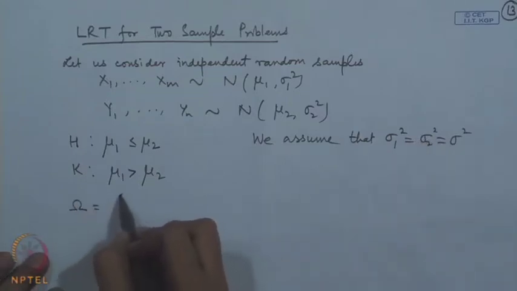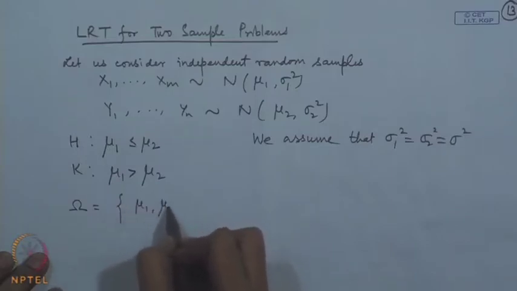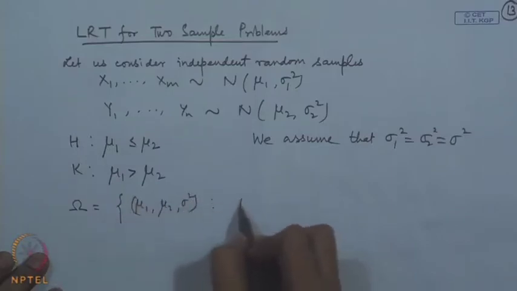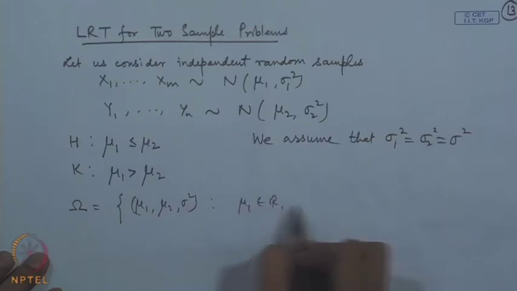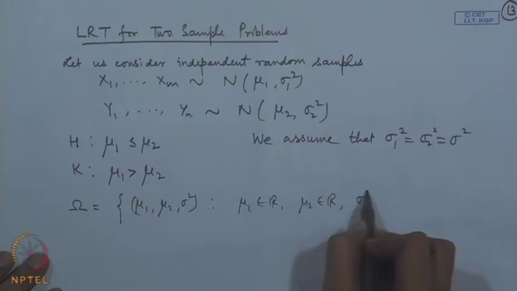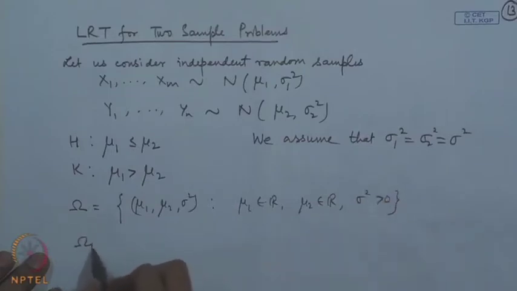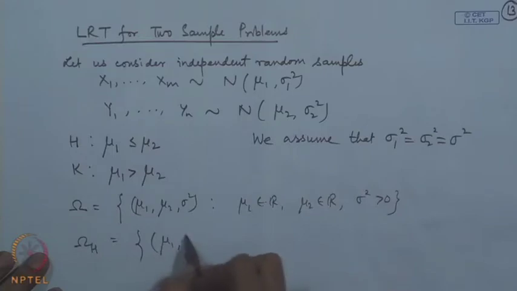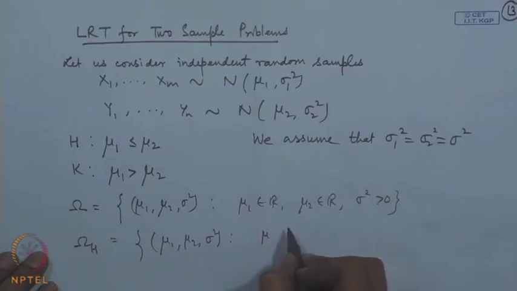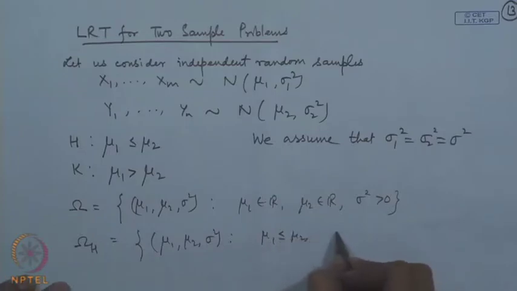So, our parameter space is (mu1, mu2, sigma square), mu1 real, mu2 real and sigma square positive, and omega H is (mu1, mu2, sigma square) with mu1 less than or equal to mu2 and sigma square greater than 0.